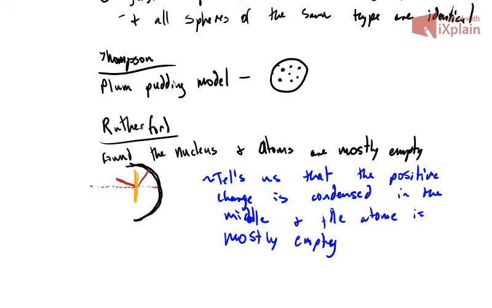And so his model looked something like a condensed nucleus with electrons surrounding it.